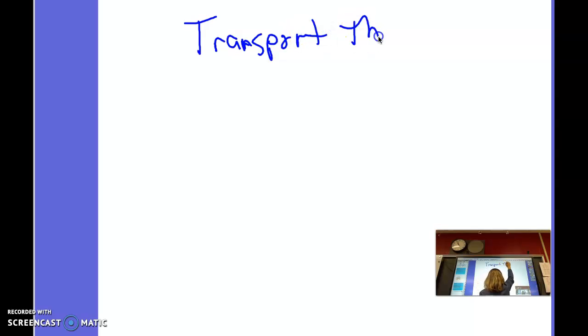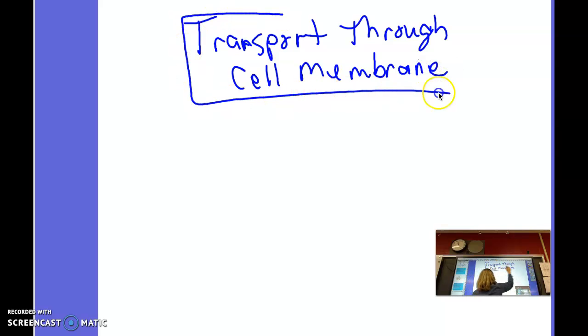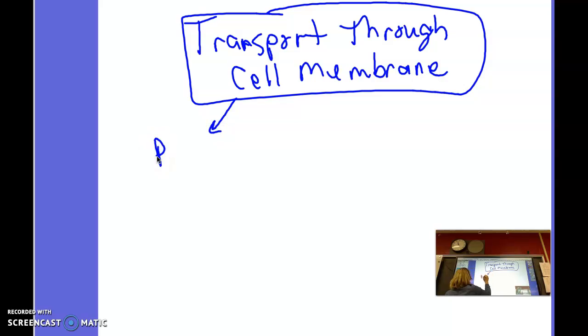So when we talk in terms of this big idea of transport through the cell membrane, we can break this down into either passive or active.